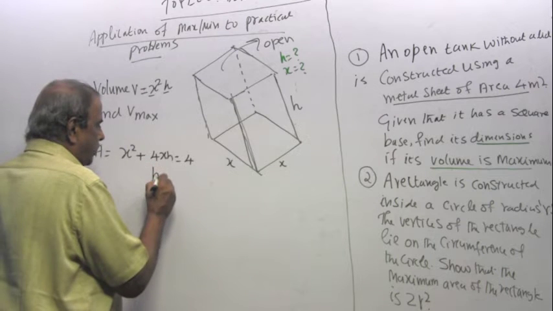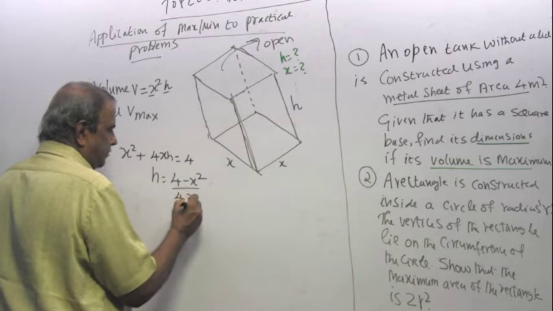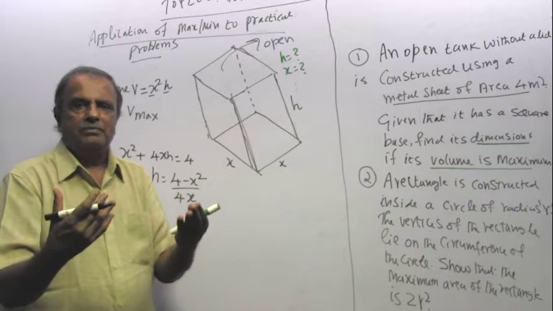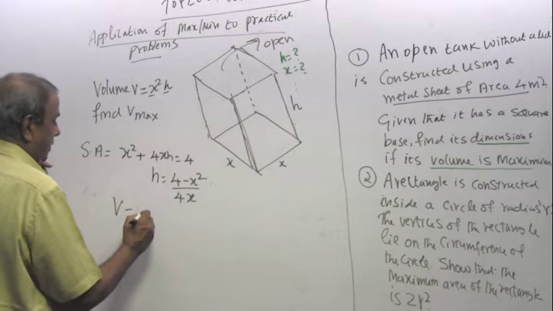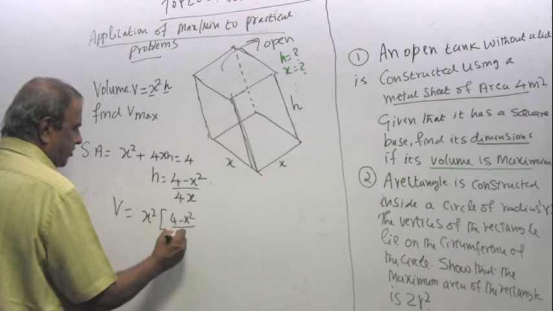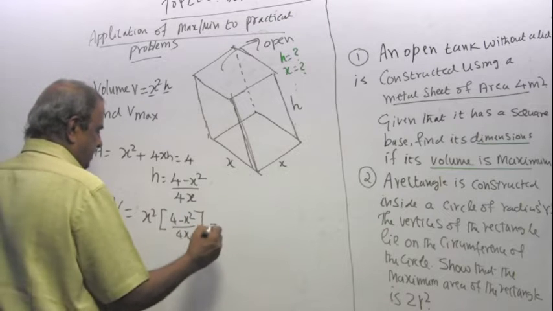So in other words, your effort must be to find everything in terms of one variable. Okay. So volume therefore will become x squared times (4 minus x squared) over 4x. Can we simplify that?